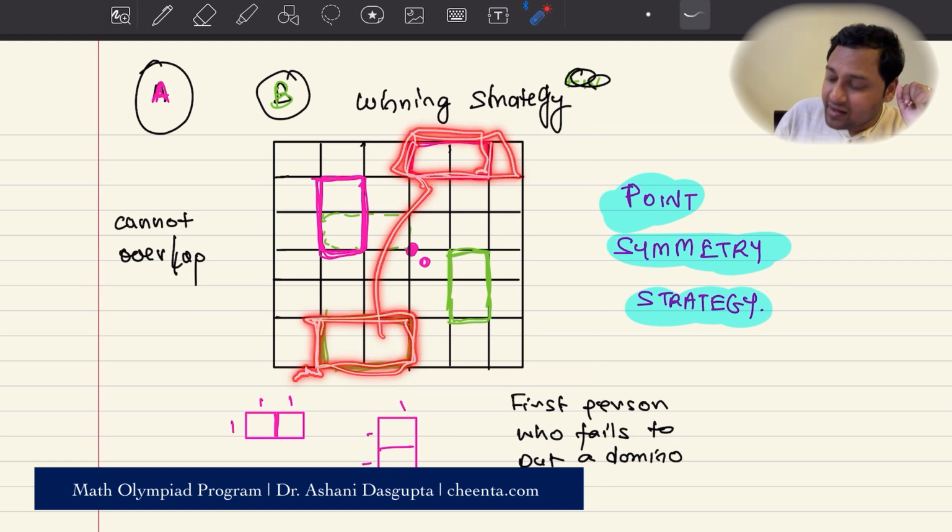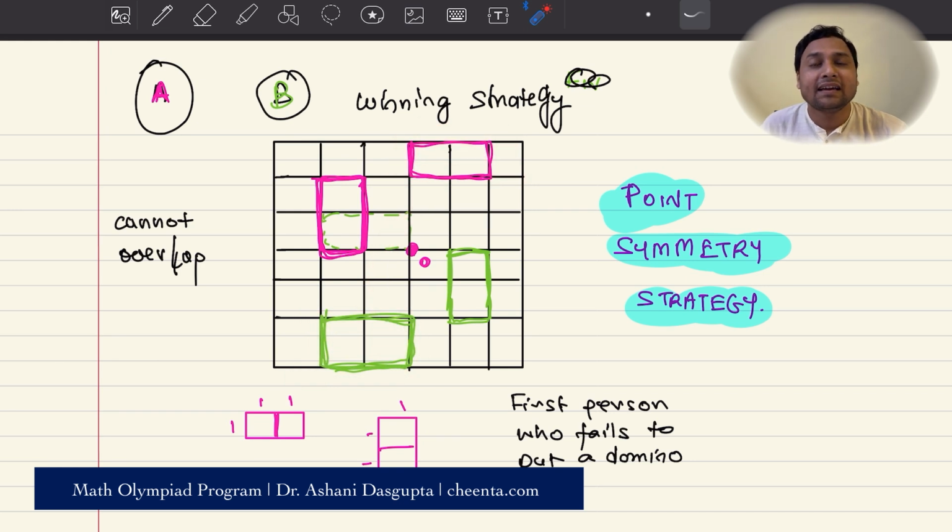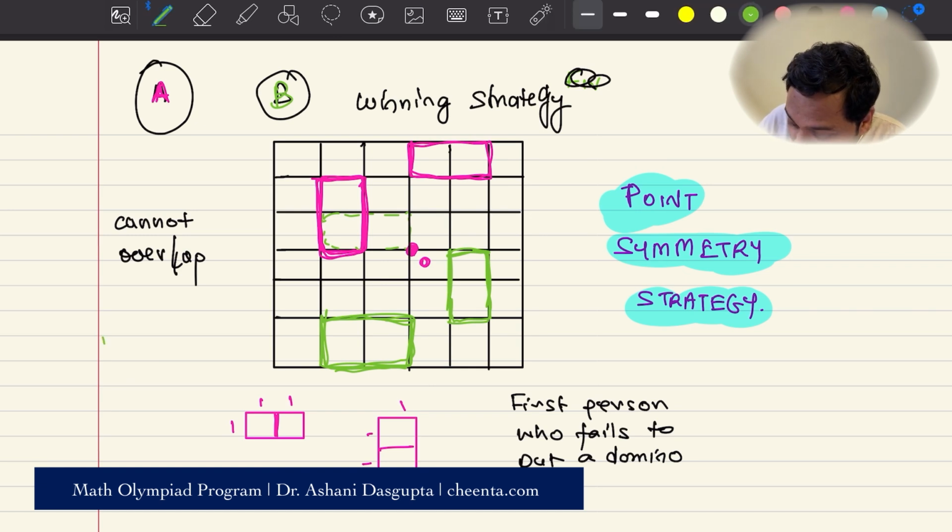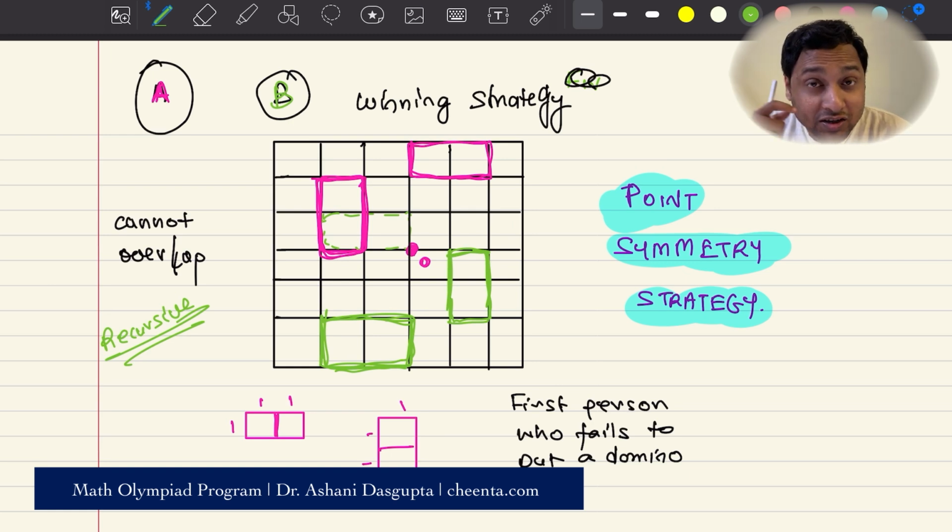The only way a place is occupied is if the previous spot, the reflected spot, is occupied by the pink player. So this is sometimes known as a recursive argument. Of course, in the middle school, we cannot really talk about recursion unless you are taking the computer science course at Cheenta, which does talk about recursion a little bit. But this is a very interesting scenario.